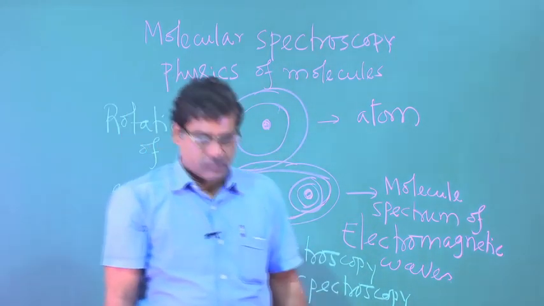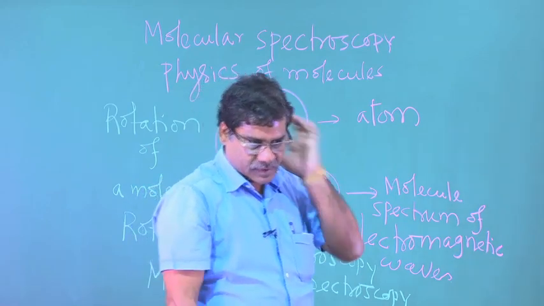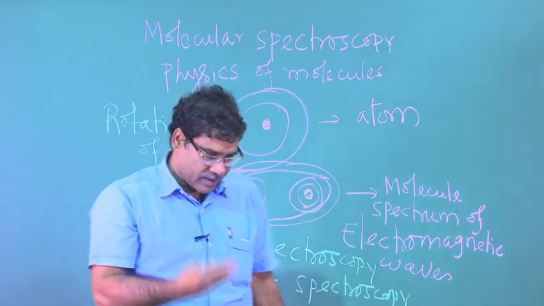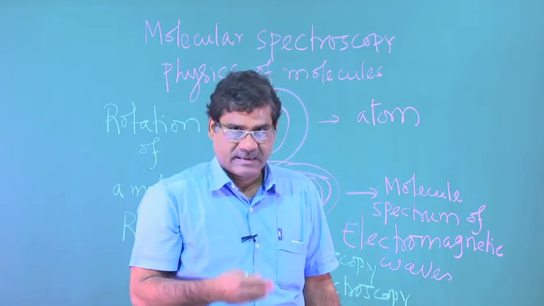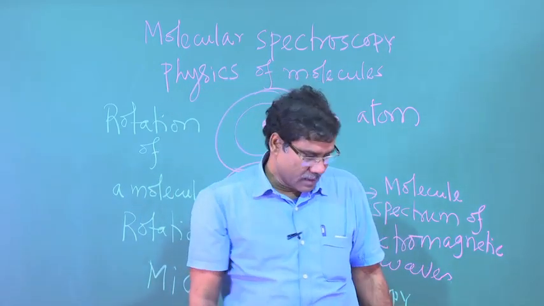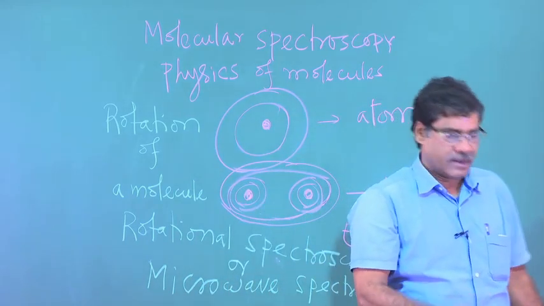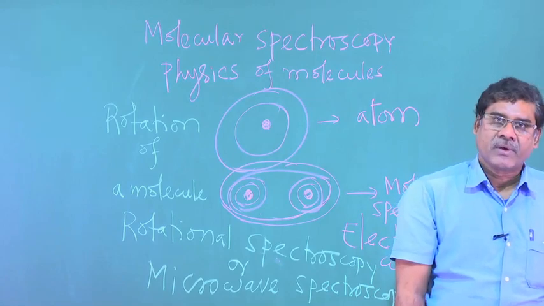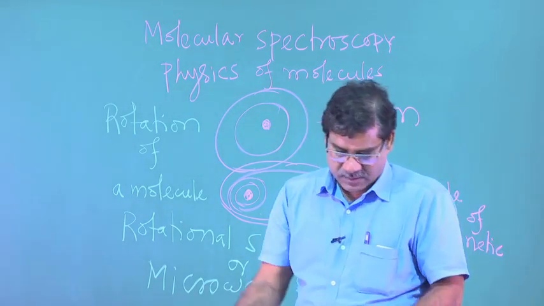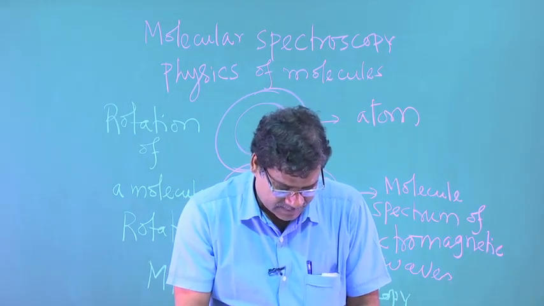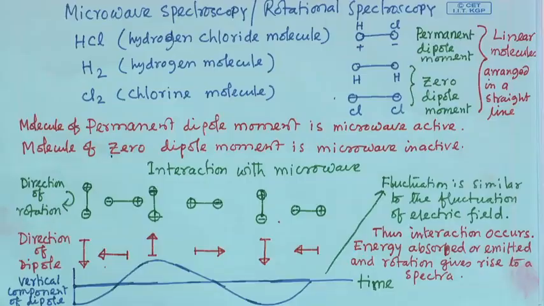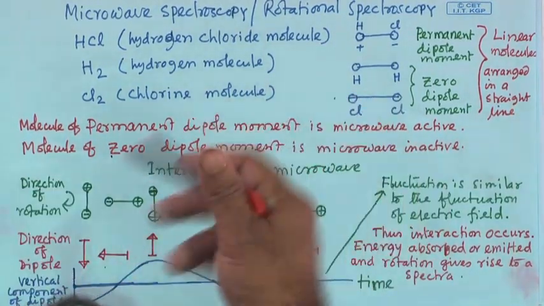Okay. So this is called microwave spectroscopy because microwave is electromagnetic radiation that comes from the rotation of a molecule. So let us see these molecules.